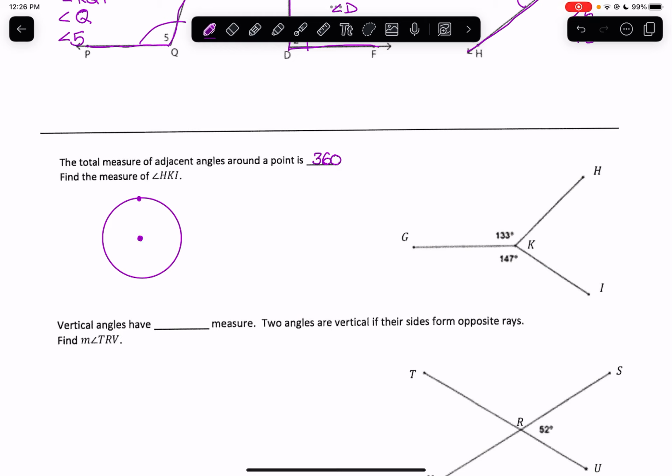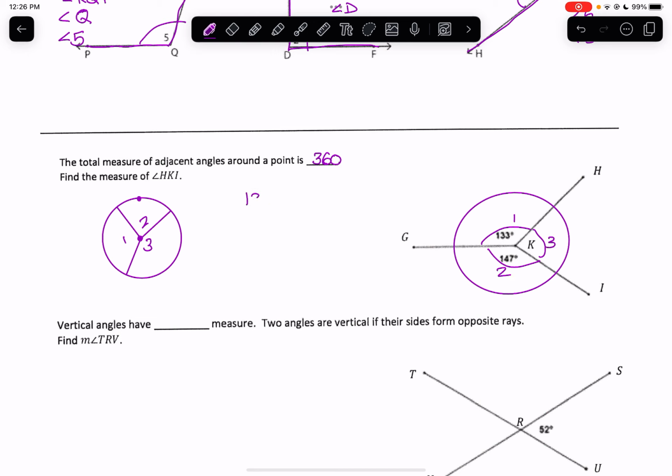So if I form all of these adjacent angles around this point, I know that these three angles have to add up to 360 degrees, because again, I can draw a circle.